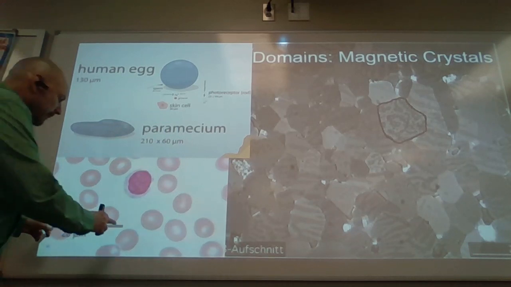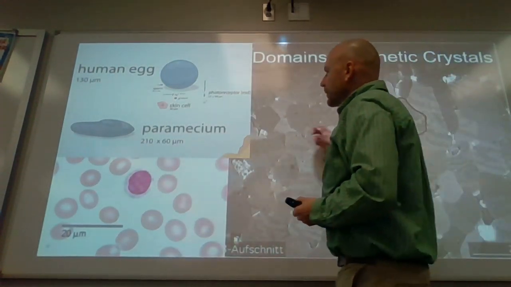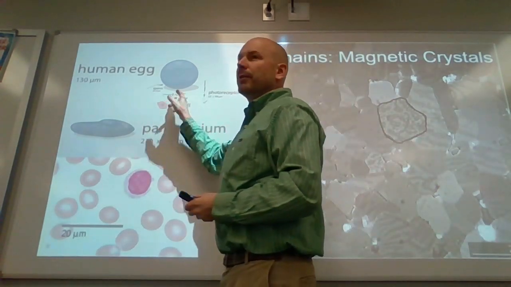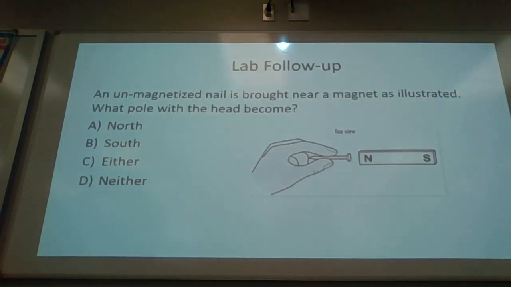So these crystals are somewhere between a skin cell and a red blood cell in size. So they're microscopic, but not crazy microscopic. Like you can see them with a normal microscope. Cool with that? All right.